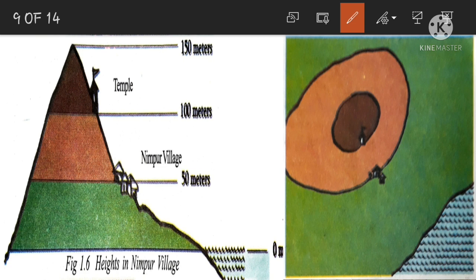The second zone is from 50 meters to 100 meters. This region is shown in the map using orange color.